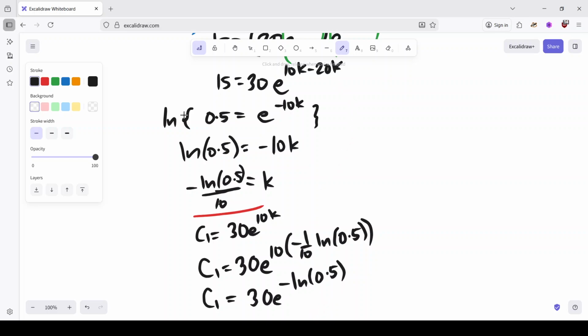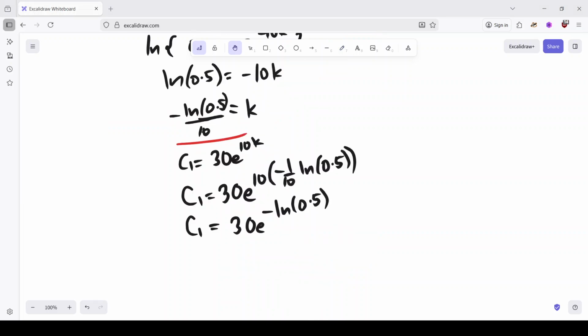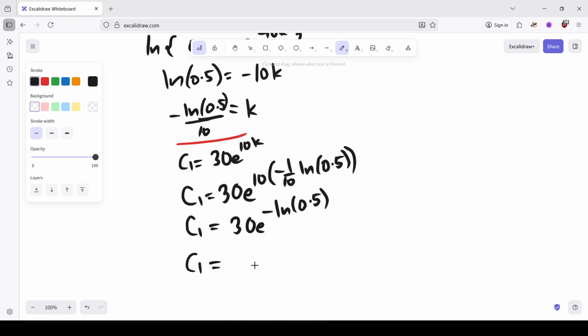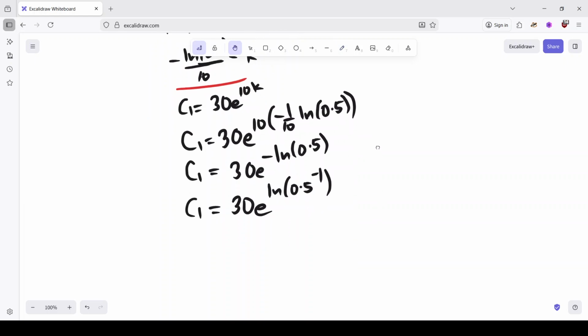Then we can cancel e and ln. We need to simplify the negative sign, so 30 e raised to ln of 0.5 raised to negative 1. So e and ln will cancel out.